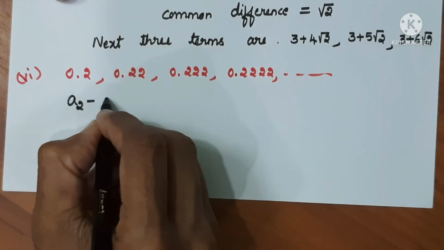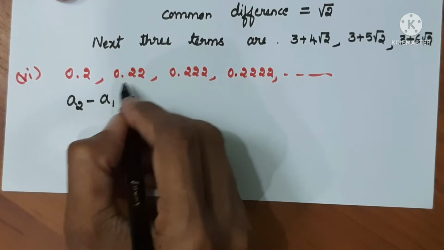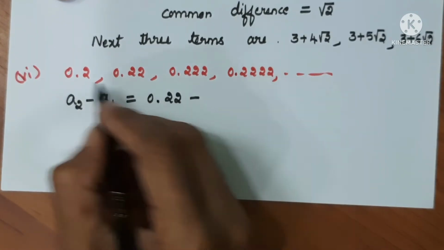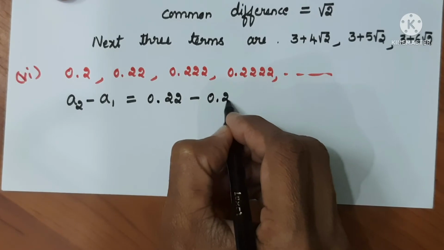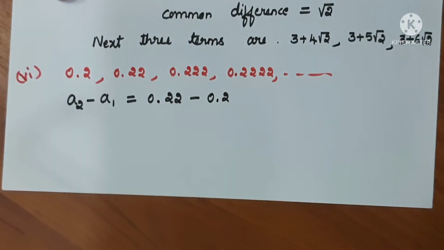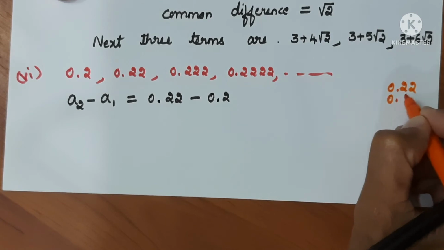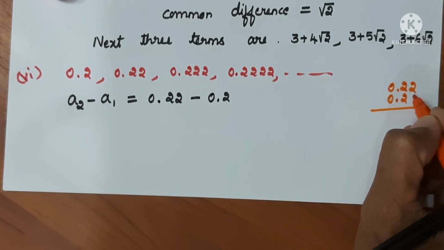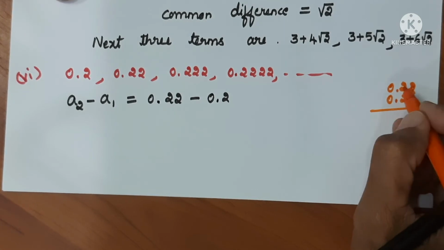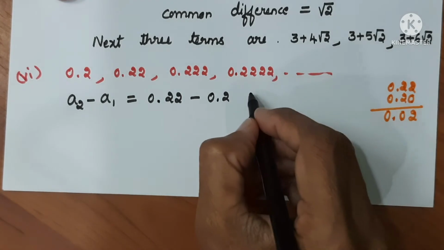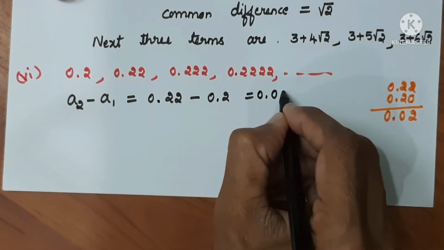A2 minus A1 equal to second term is 0.22 minus first term is 0.2. First let us subtract these two. 0.22 minus 0.2. Here subtracting 2 with 0 we get 2. 2 minus 2 is 0. So the difference is 0.02.